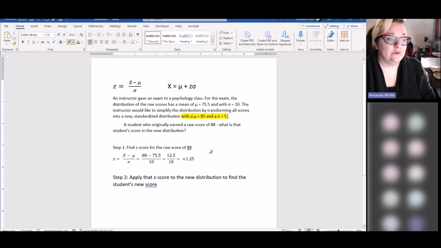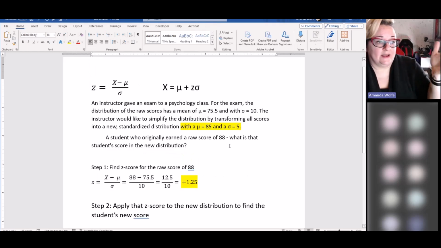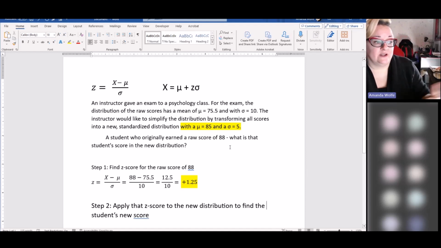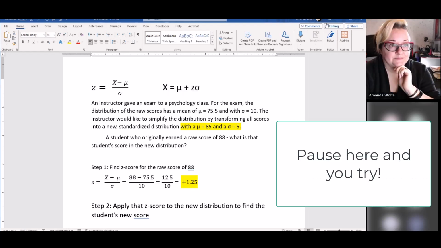So in step 2, I need to take that z-score and find out what your new grade is. We need to take that new z-score that we just found, the positive 1.25, we need to apply it to the new distribution to find our new raw score, right? So we're going to use the other formula and plug and play for that one.